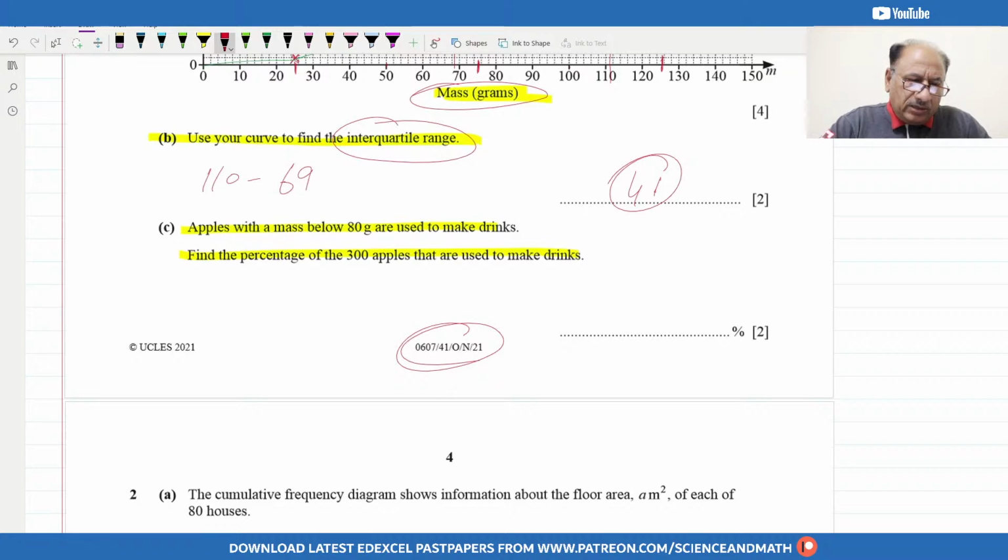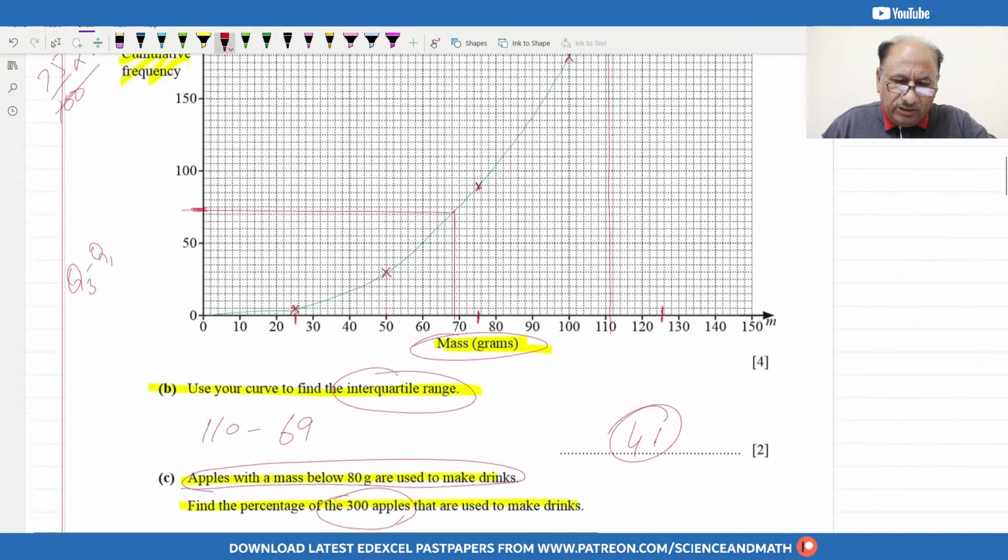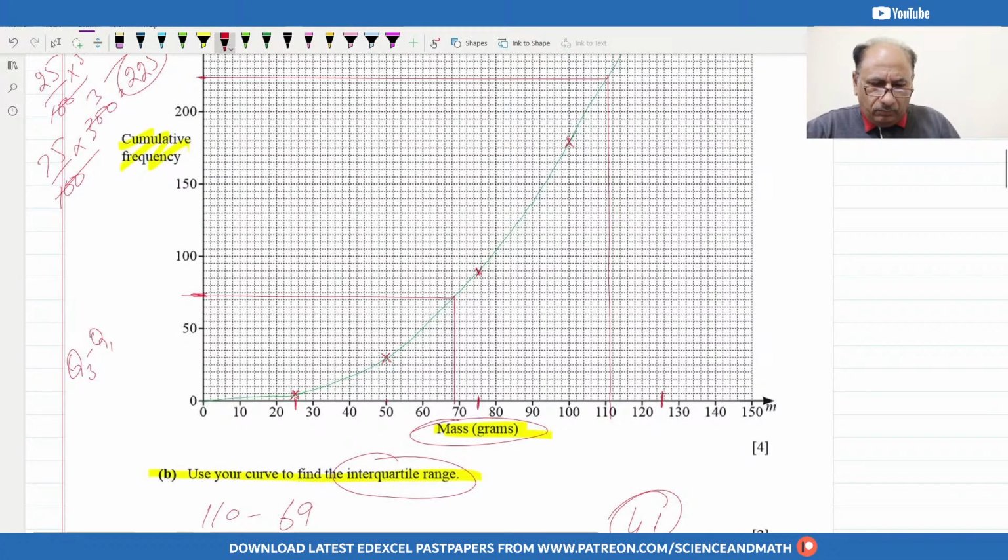Now C part, apples with the mass below 80 grams are used to make drinks. Find the percentage of 300 apples that are used to make drinks basically. So we have to check 80 grams. Below 80 grams will be how many?